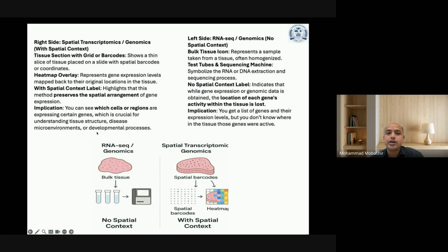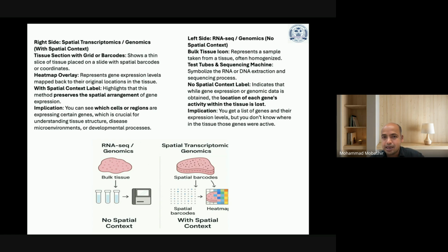microenvironments, or developmental processes. Now, about RNA-seq, the bulk tissue icon represents a sample taken from tissue, often homogenized. The test tubes symbolize the RNA or DNA extraction and sequencing processes. No spatial context or label exists here.